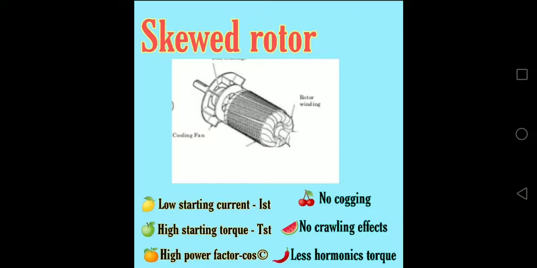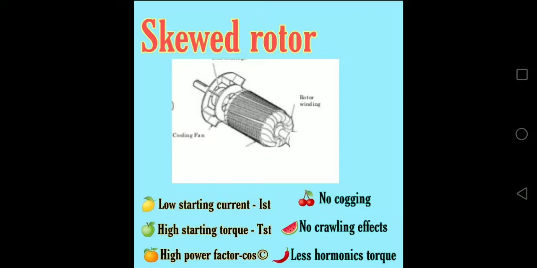In a squirrel cage rotor, the slots are placed to the shaft with 0 degrees, so there are more harmonics. Due to harmonics in the squirrel cage rotor, at 1/7 of the harmonics there is vibration or the machine stops running. That is called the crowding effect.